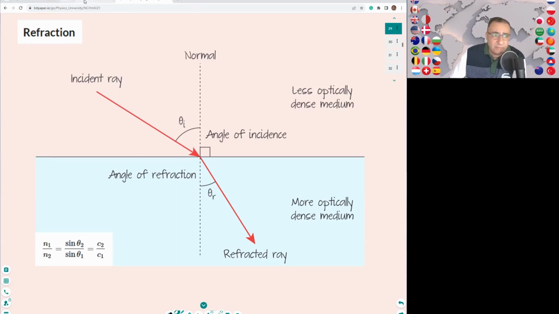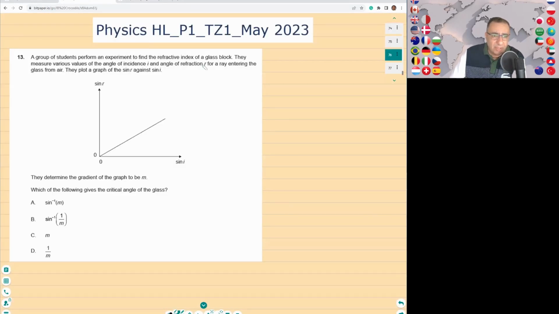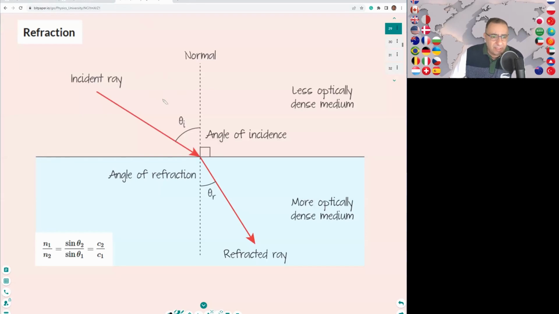Now, in the question, it mentioned the ray entering the glass from air. So let's say we have air here, we have glass there, and we can use Snell's law to find the relationship between the refractive indices, and of course the angle of incidence and angle of refraction. Snell's law says n1 over n2 equals sine theta 2 over sine theta 1.